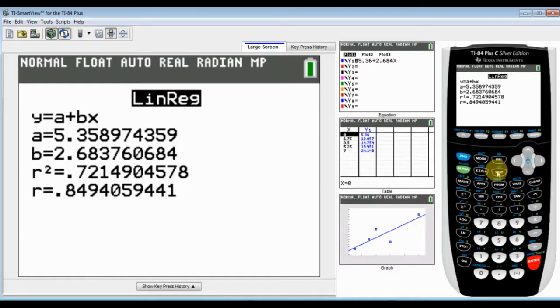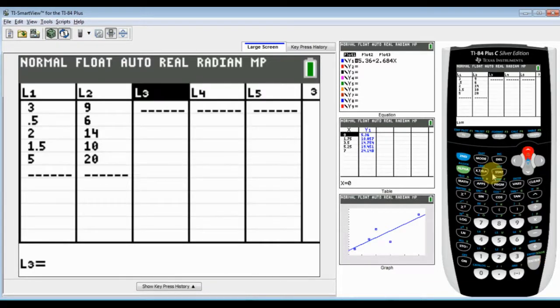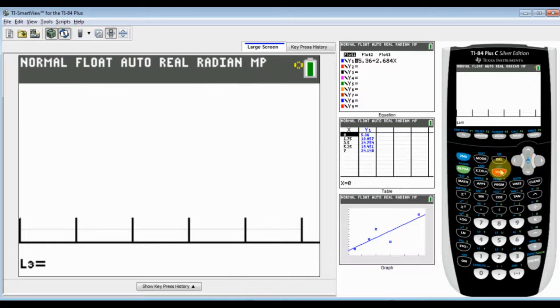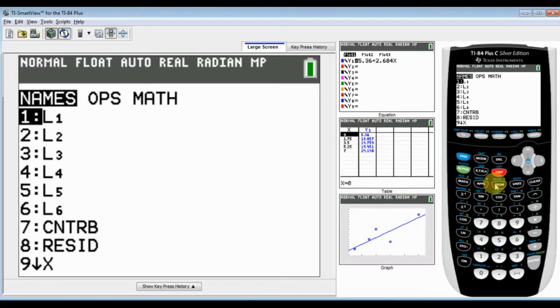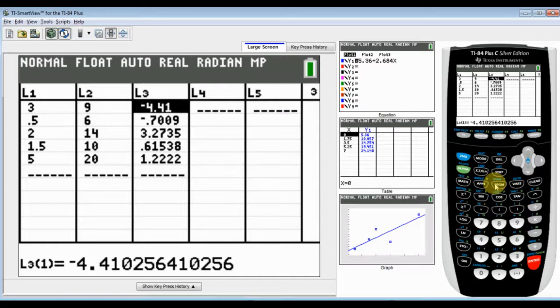So if the residual list doesn't exist, it means you have to use linreg. So we're going to go over now to my lists. Now that I'm assured the residual list exists, scroll up to L3, put in the name residual here from the list menu. That is list number 8. And those are my residuals.